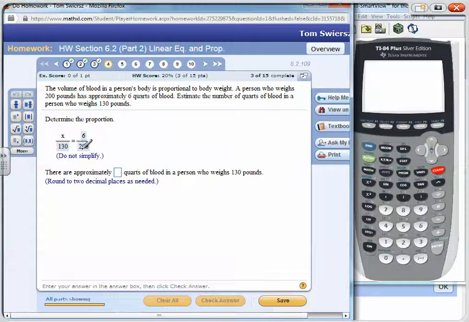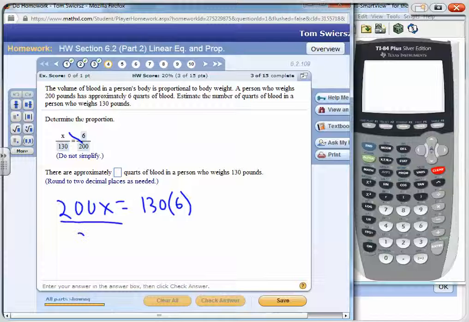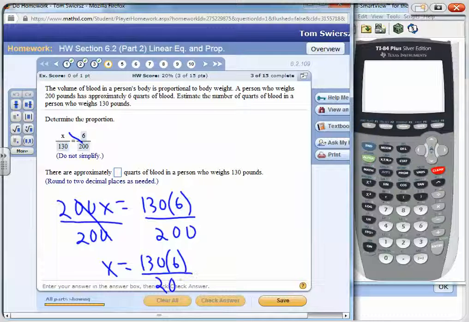Now we would cross multiply, right? So 200 times X is 200X equals 130 times 6, and then we would divide by 200. So that way we get 1X, or just X, equals 130 times 6 divided by 200.